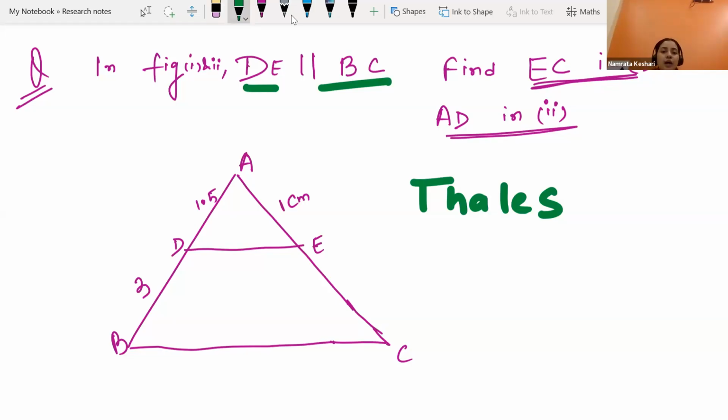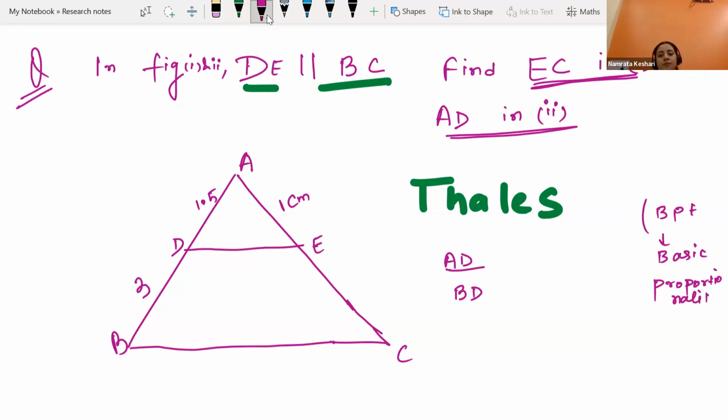Now we know that the ratio AD by BD will be the same by the BPT theorem. In short, we also call it BPT theorem, which means just basic proportionality theorem.